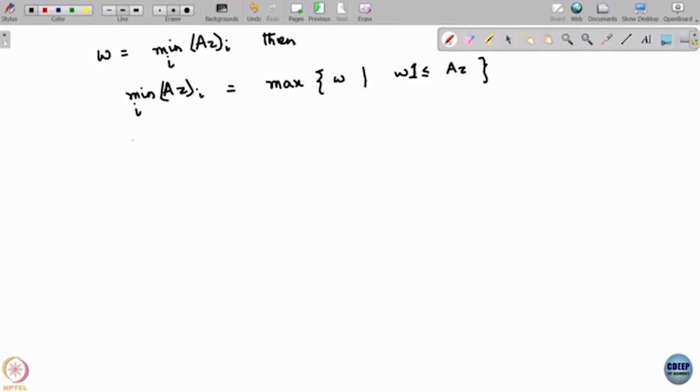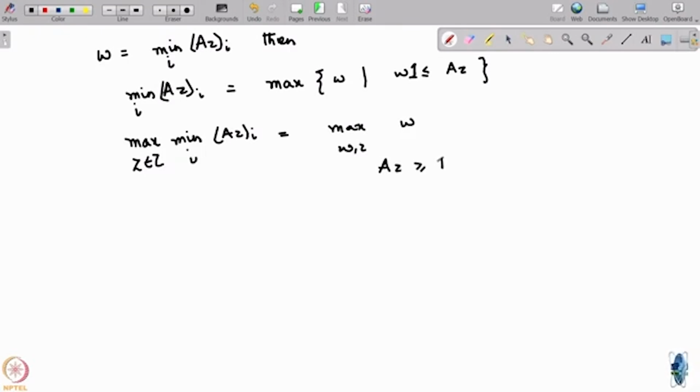That is actually equal to the smallest component of AZ. Okay. So, from there, we have that max over Z in the set Z of min over i of (AZ)_i is in fact max over W comma Z of W with these constraints, AZ greater than or equal to W times 1.